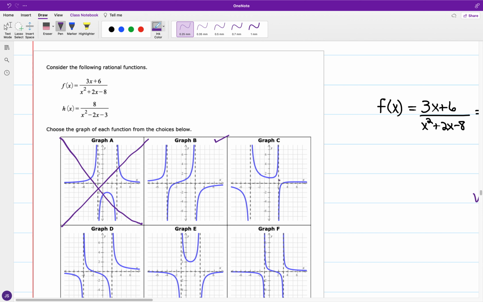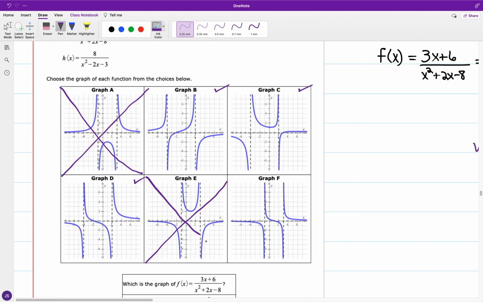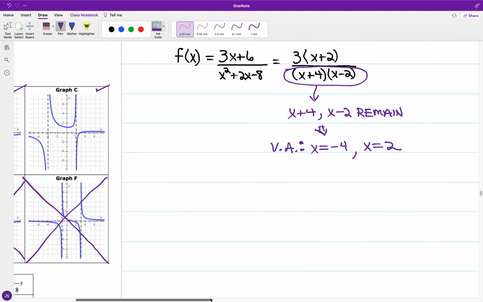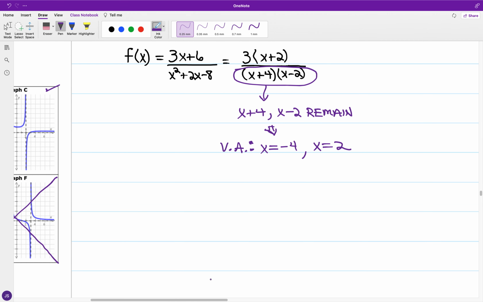Graph D has -4 and 2 for the vertical asymptotes. For graph E, we don't have that match, since we've got -1 and 3, so that goes out. The same thing for graph F, we don't have that particular match. All right, so you have two vertical asymptotes.